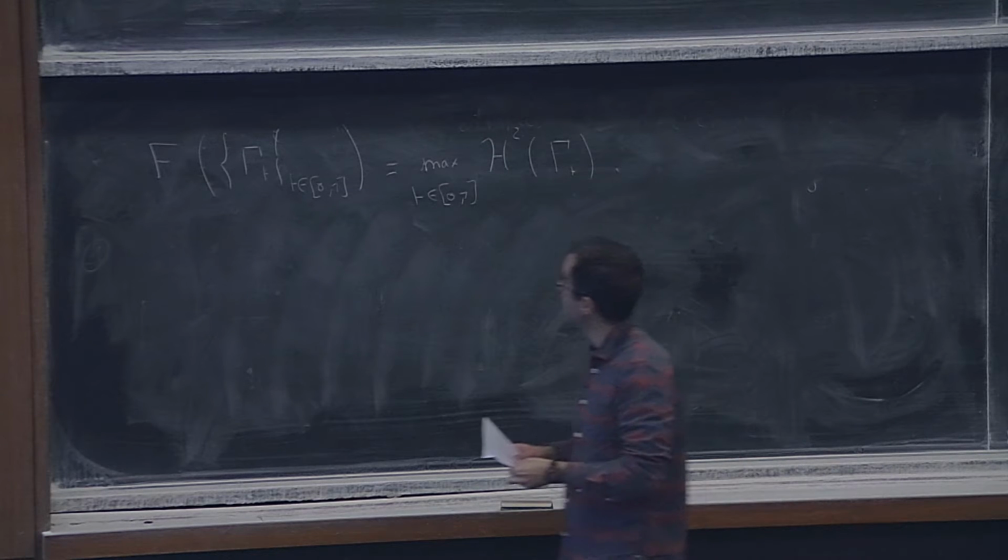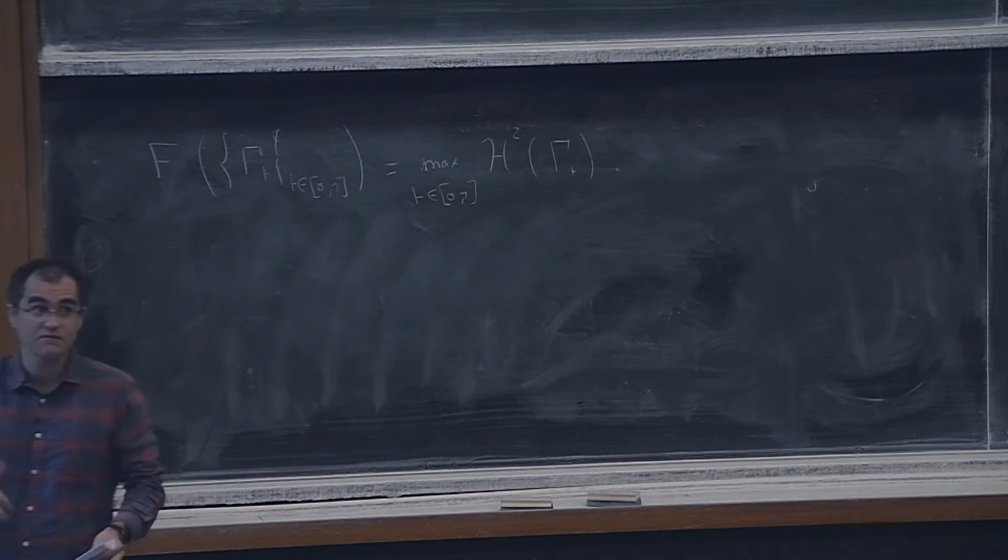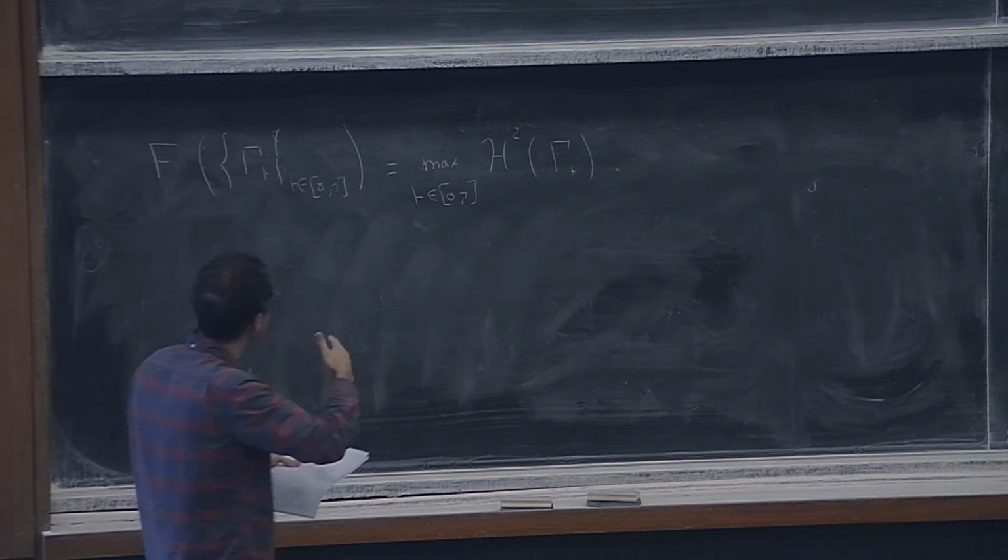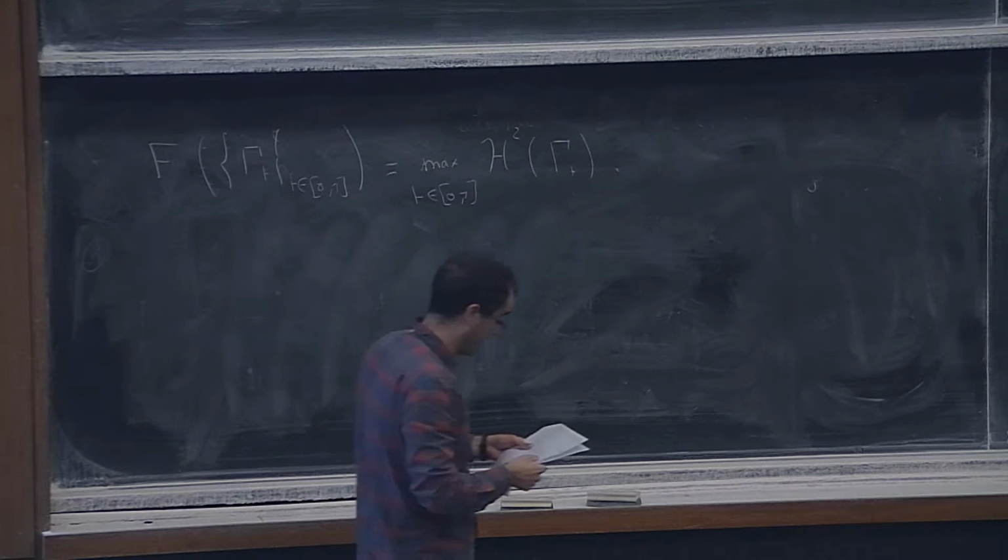Okay, so this is the leaf in my sweep out which has maximal area. It's the value of the maximal area of all leaves.